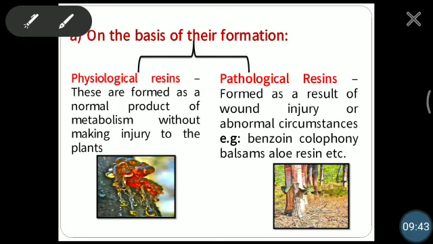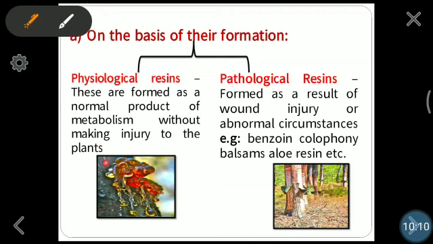Physiological resins are formed as a normal product of metabolism without making injury to plants, while pathological resins are formed as a result of wound, injury, or abnormal circumstances. For example, benzoin and colophony are examples. Here in the picture also you can see these resins are natural resins.